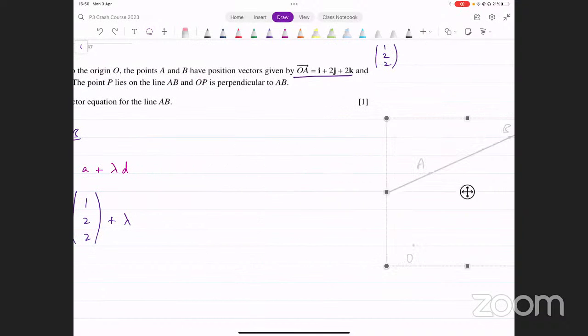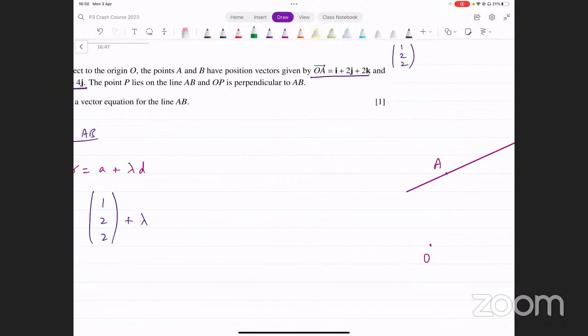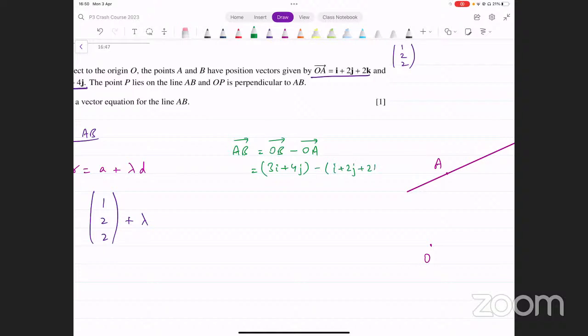Let's try that. Can we find the vector AB from this? The vector AB is equal to OB minus OA, position vector of the second point minus the position vector of the first point. What do we get from this? 3i plus 4j minus (i plus 2j plus 2k).